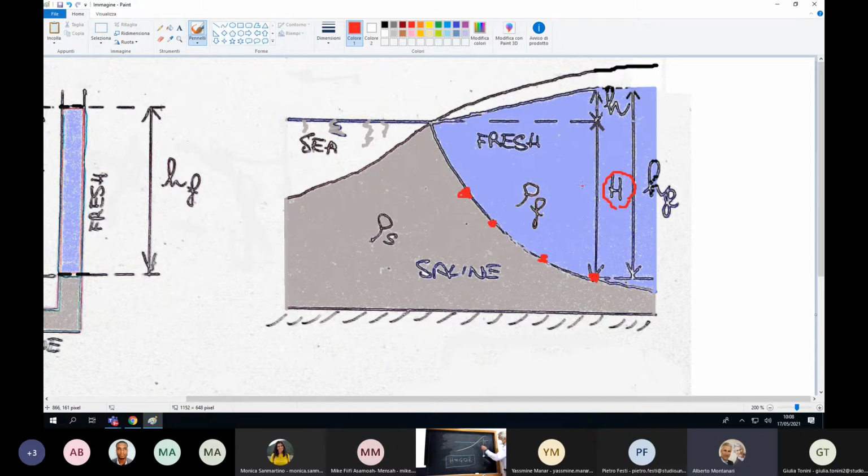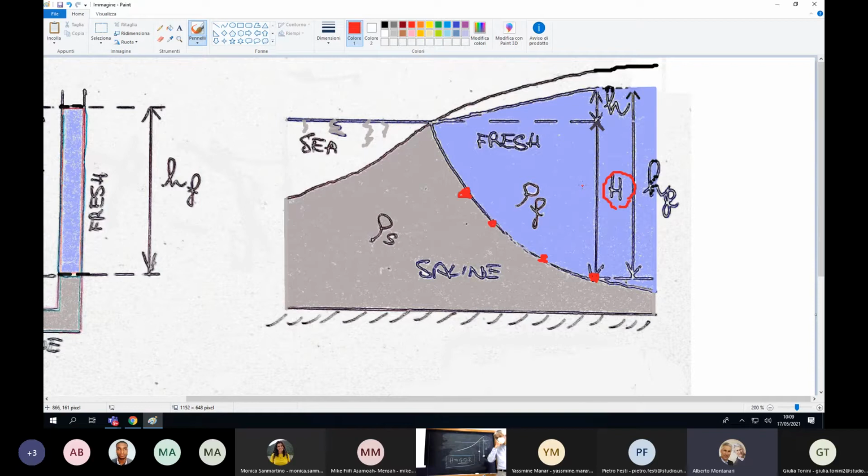Then I take another vertical, maybe here, where lowercase h is lower, which means uppercase H, the depth of salt water, is lower as well, but with a multiplying factor of 40. That means a small change in the level of fresh water implies a big change in the depth of salt water.